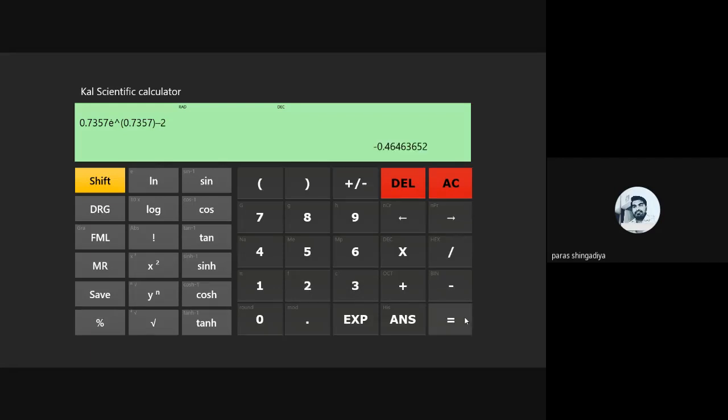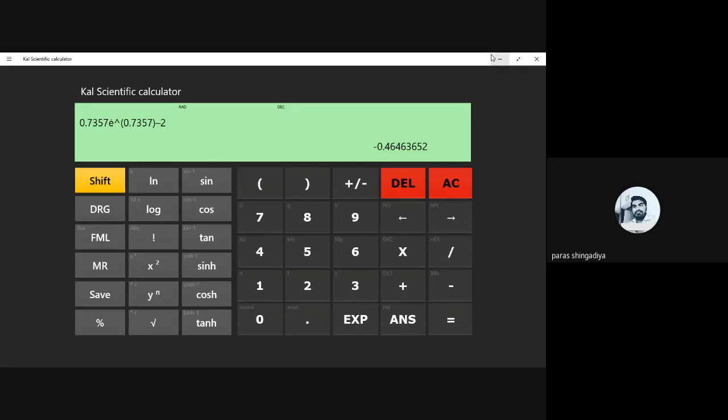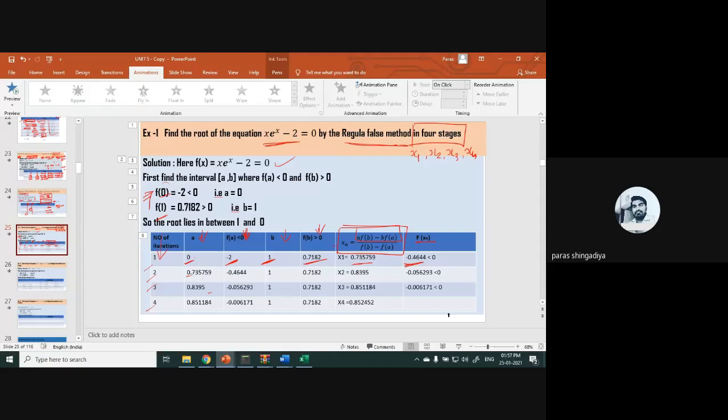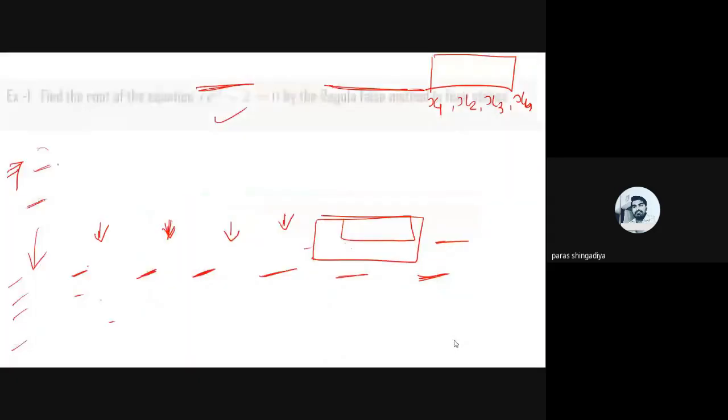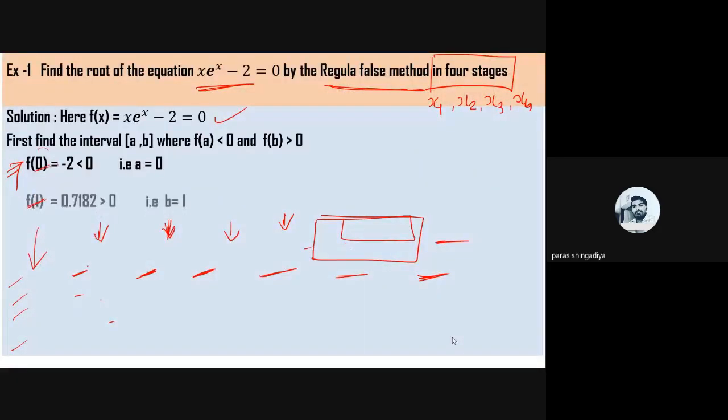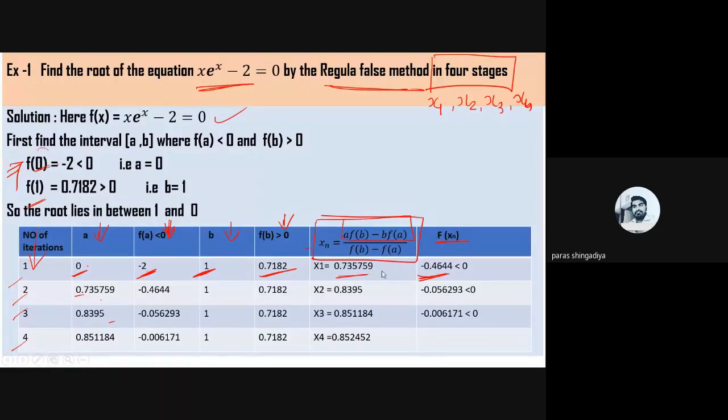Okay, so you get minus 0.4646. Let us check that. Okay, minus 0.46. Consider 57 or 0.73575. If I use the 59 also, then you'll get 4 for the answer. Otherwise, you'll get 4646. But that is correct. Okay, you can consider that.